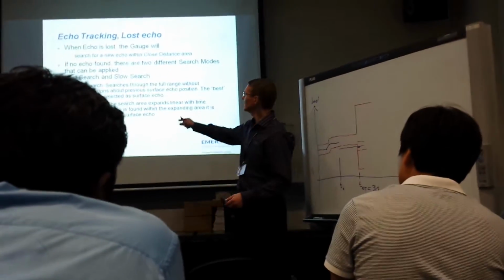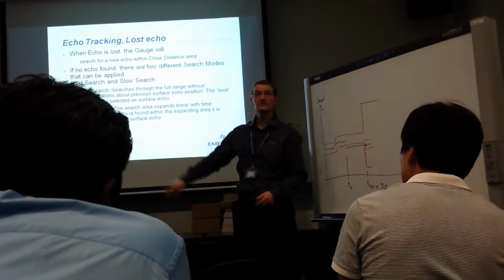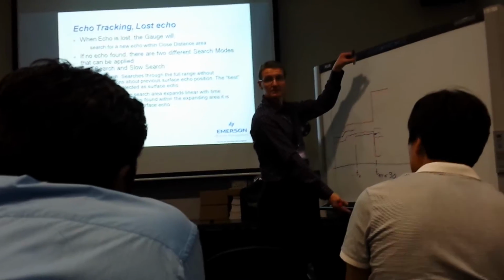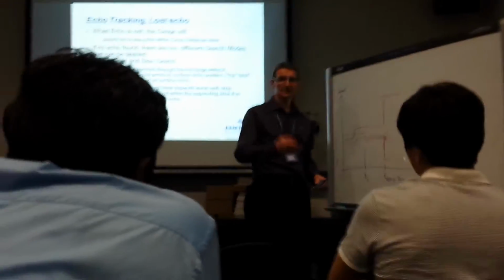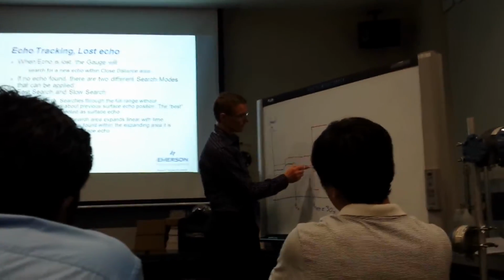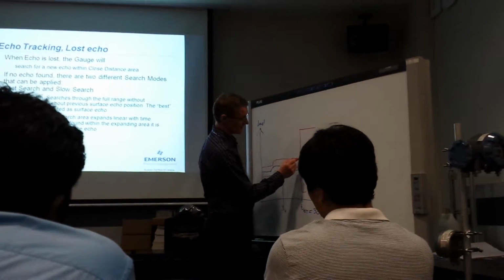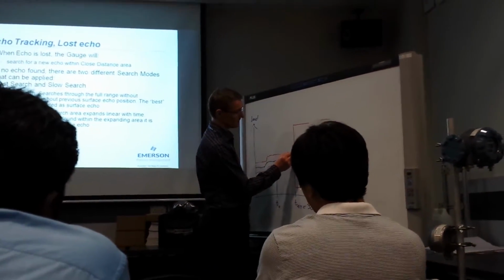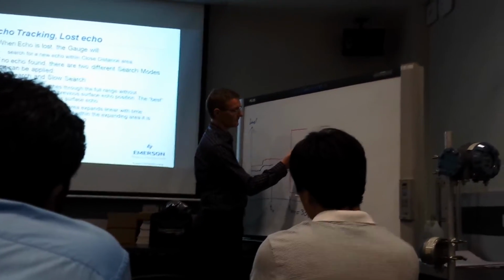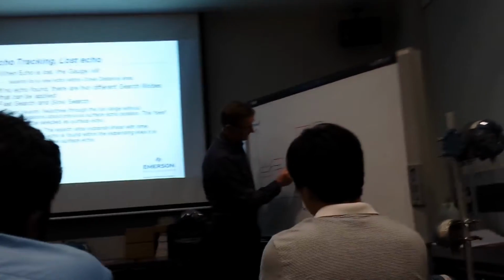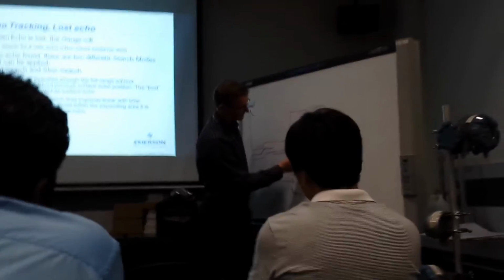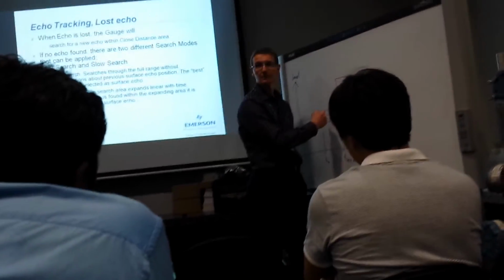Okay, if we go back here and say, no, we didn't use the fast search, we used the slow search, how does that work? Well, from the original position here, we start doing like this. This is our slow search.